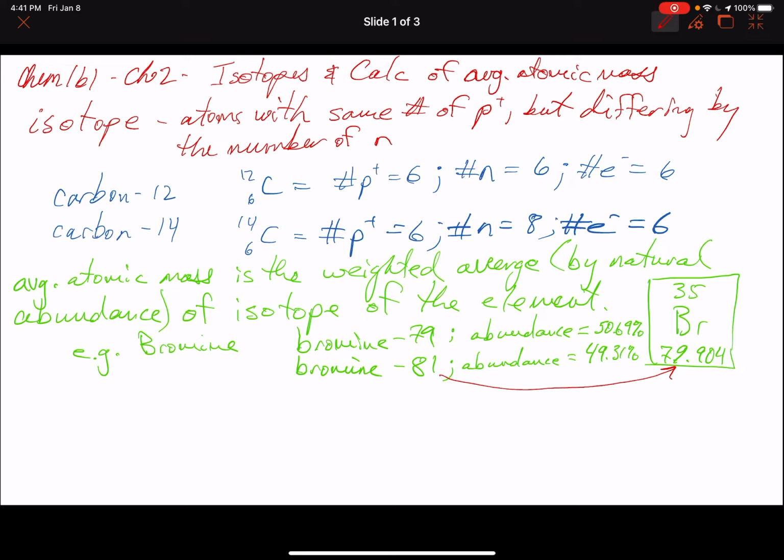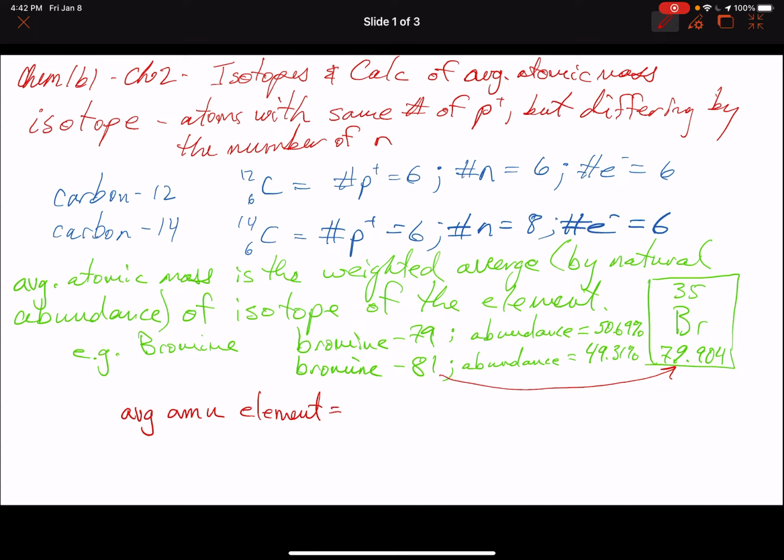So how do we determine what is the actual calculation here? The equation will vary depending on the total number of isotopes, so there will be additional terms depending on the total number of isotopes. Typically, to calculate the average atomic mass for an element, we have to sum a series of products.